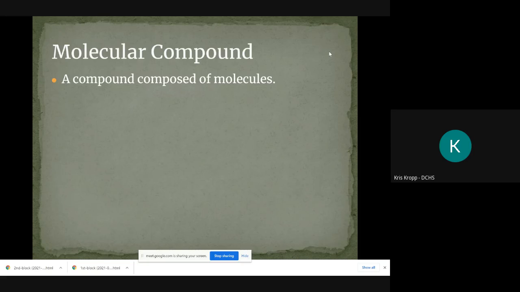Of course, elements share electrons because their electronegativities are relatively close together. One atom is not strong enough to pull the electrons off of the other atom, so they share.